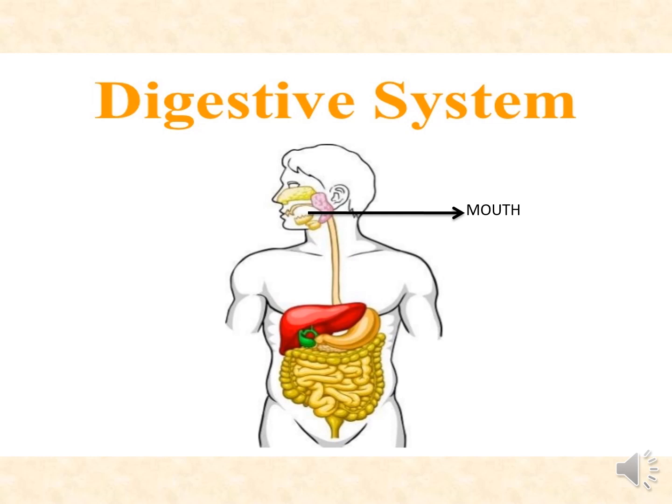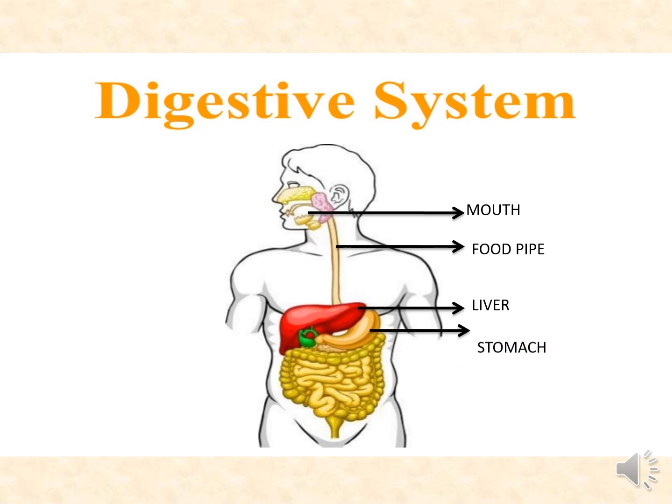Then the second part of the digestive system is the food pipe. It is also called the esophagus. You can see that the mouth is connected to the food pipe. The third part is the liver. That is the red portion.